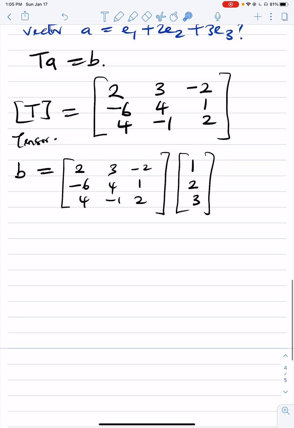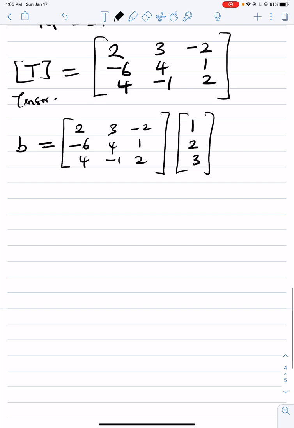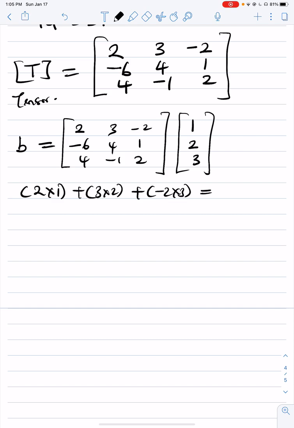So to find B in this case, you're going to be multiplying the transformation, which is the tensor T, and the vector A. If you do it by your normal calculations, 2 times 1 plus 3 times 2 plus minus 2 times 3 should give you 2 plus 6 minus 6, which is 2.